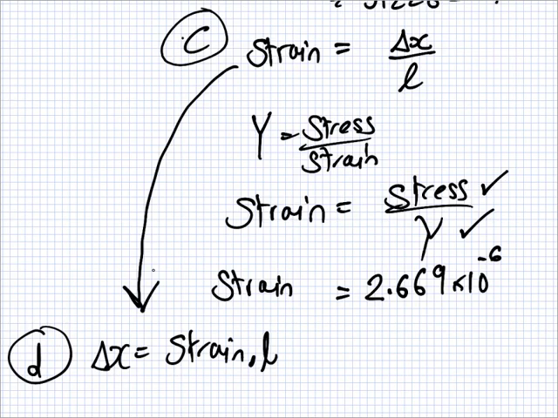I think I said 1.5, was it? Yeah. So that is 4 times 10 to the minus 6 meters. Well, if you want, that's 4 micrometers is the answer. So the copper moves only a little bit.